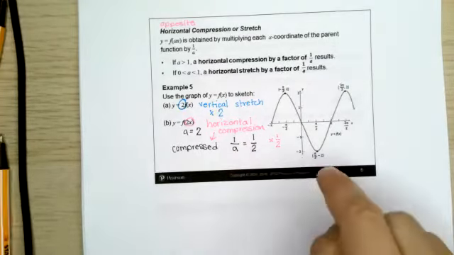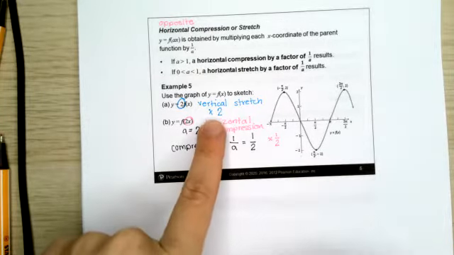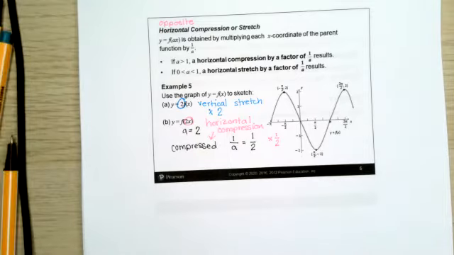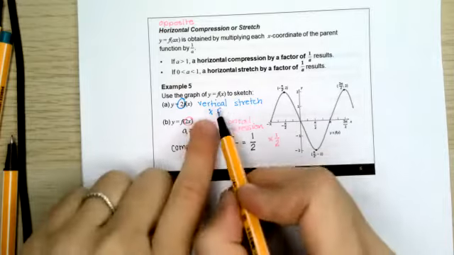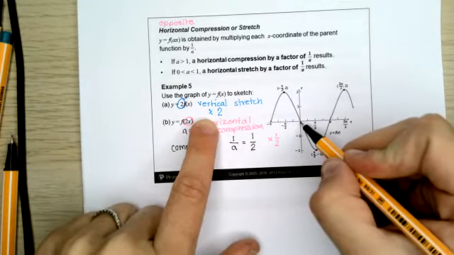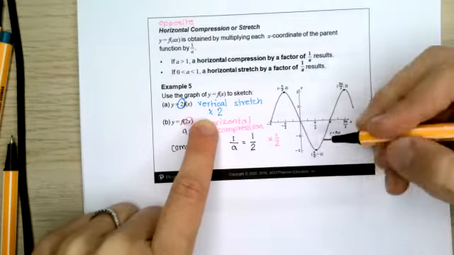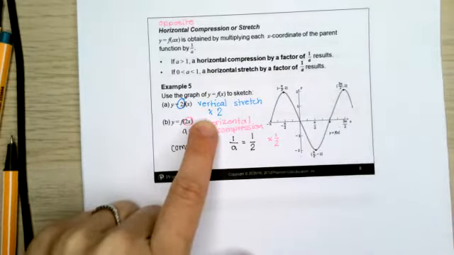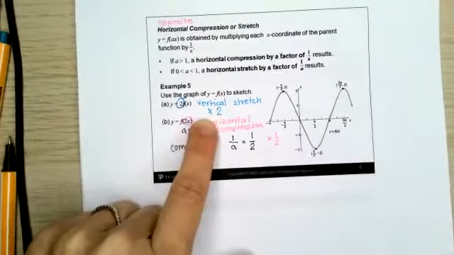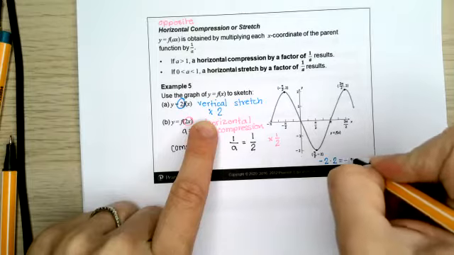So if I had to, here are my points, right? If I had to do a vertical stretch, that means all of my y coordinates are now double, right? All of my y coordinates are multiplied by 2. 0, 0, my 0 is going to be multiplied by 2. Doesn't change anything. However, down here, my y coordinate is -2, right? -2 is getting doubled. -2 times 2 is -4.